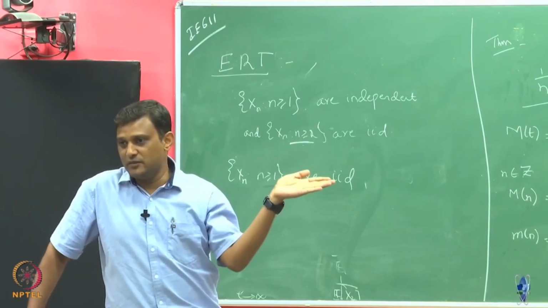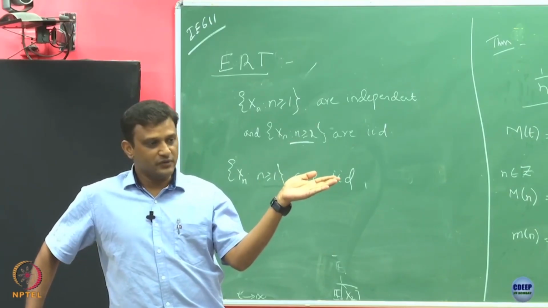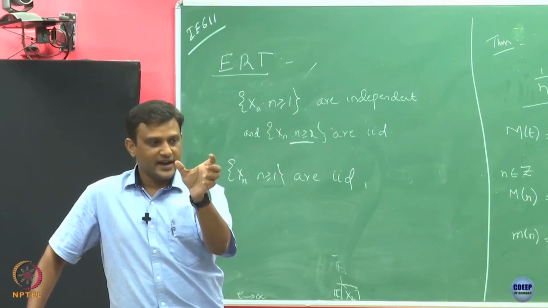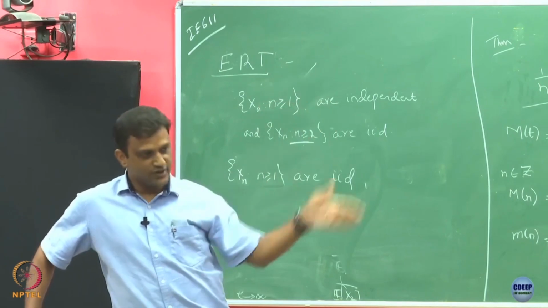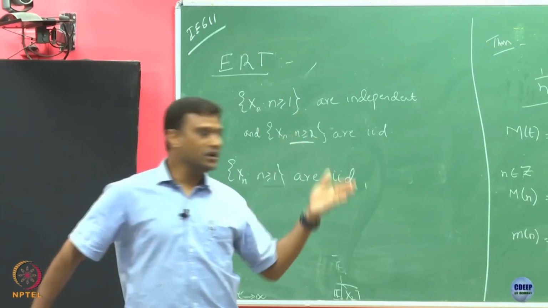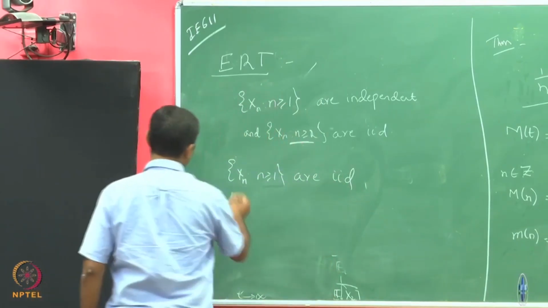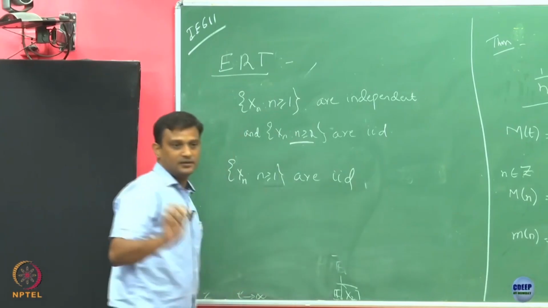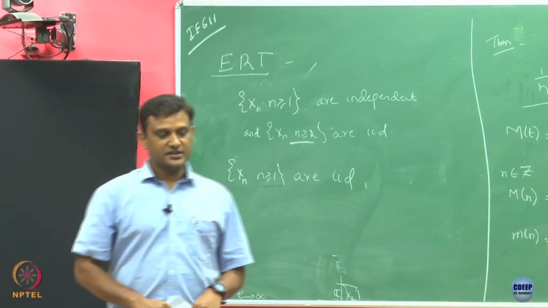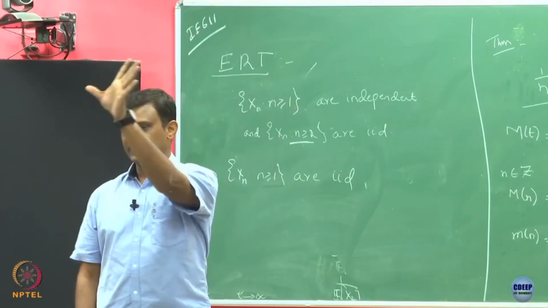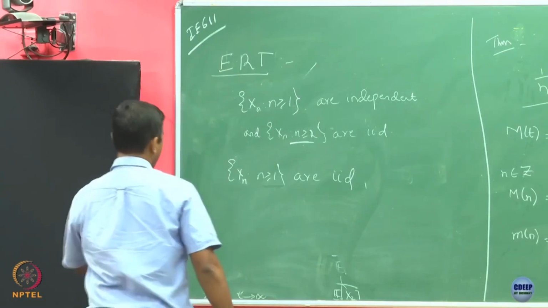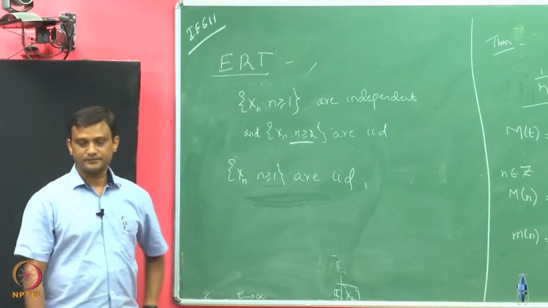In that case I do not need to distinguish between the first cycle and the subsequent cycles, right. They are all returning to the same state, starting from the same state. So I could just say that these lifetimes are all IID. I will not make a special distinction about the first cycle, all cycles I am going to treat the same including the first one, and in that case I will simply say Xn's are IID.